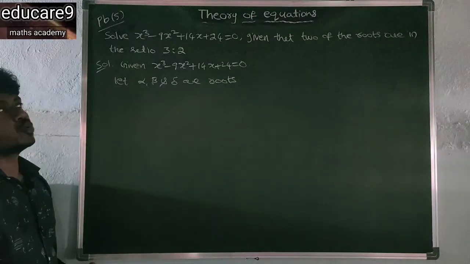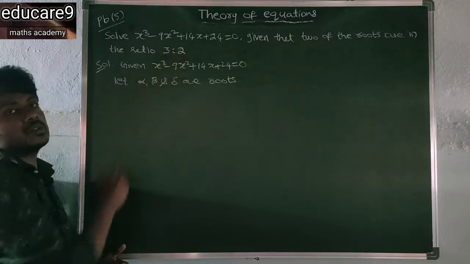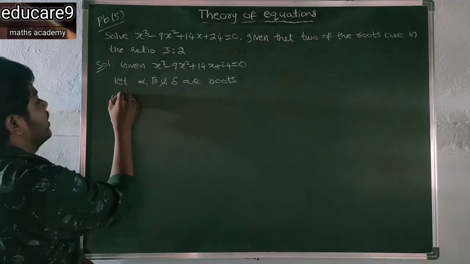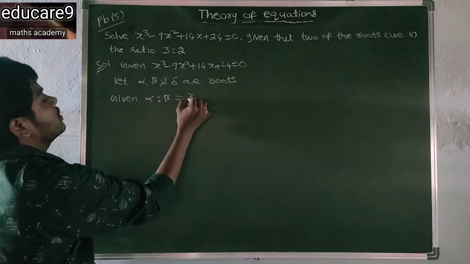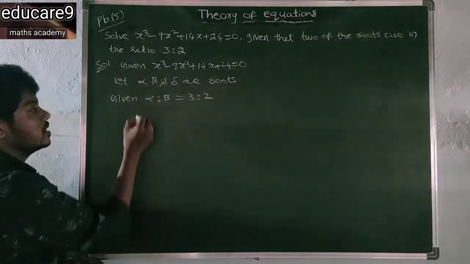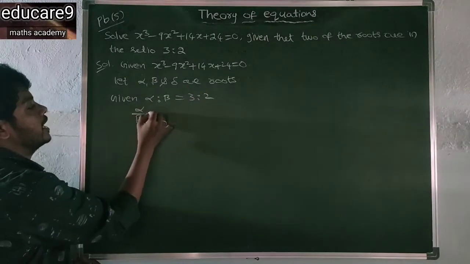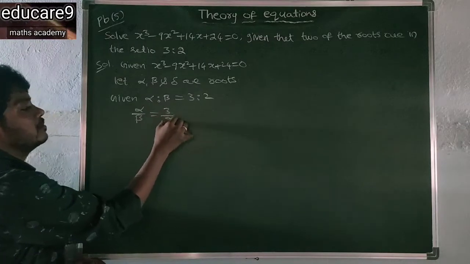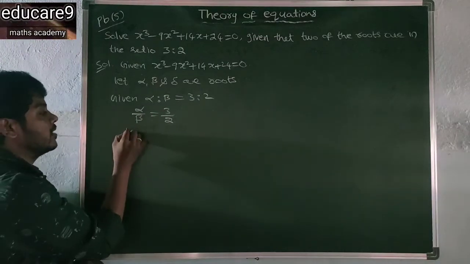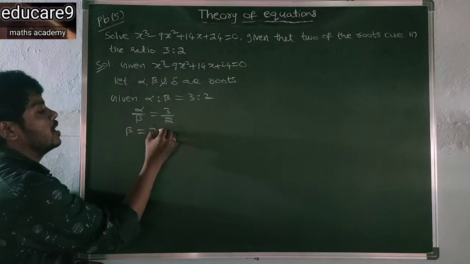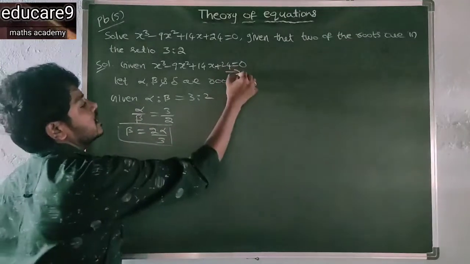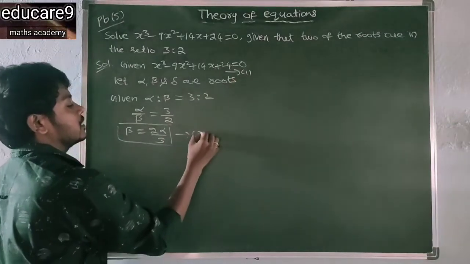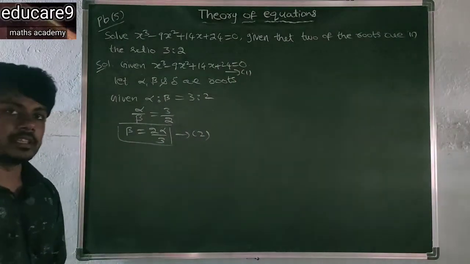So in that two roots are in the ratio 3:2. So given alpha is to beta is equals to what? 3:2. So that is alpha by beta is what? 3/2. So what is beta value? 2 alpha by 3. Okay. So this is equation 1. This is equation 2. So these are the given things.